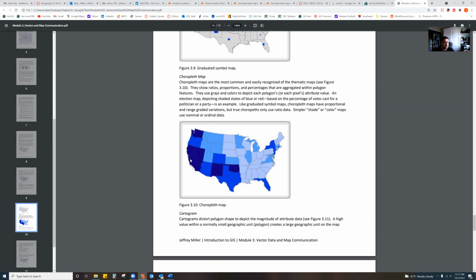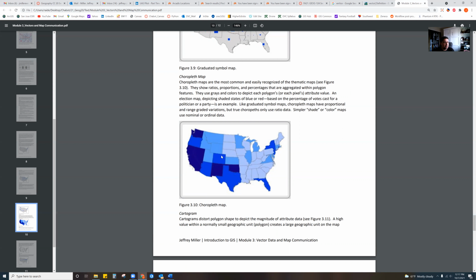And so in this case, we say the darker ones mean that, we don't have the locations or anything like that plotted here, but we can pretty easily determine that on the West Coast there are a lot more fast food locations, and it could be per 100-mile radius or something like that. I don't know.